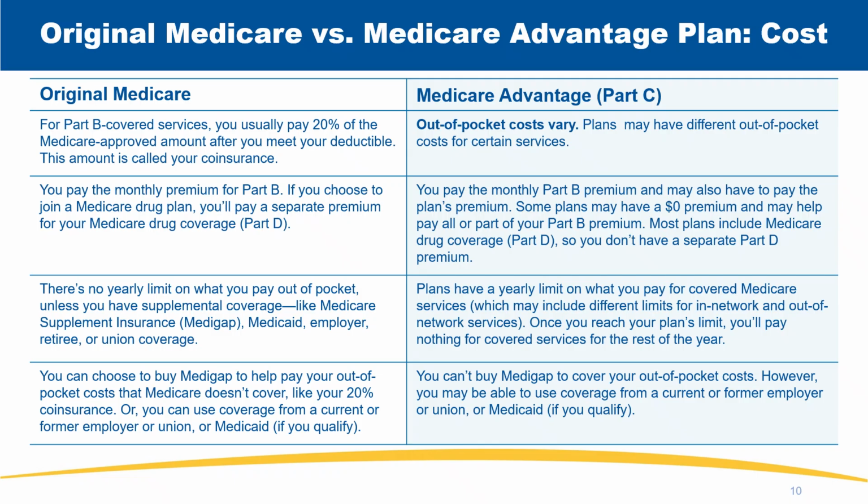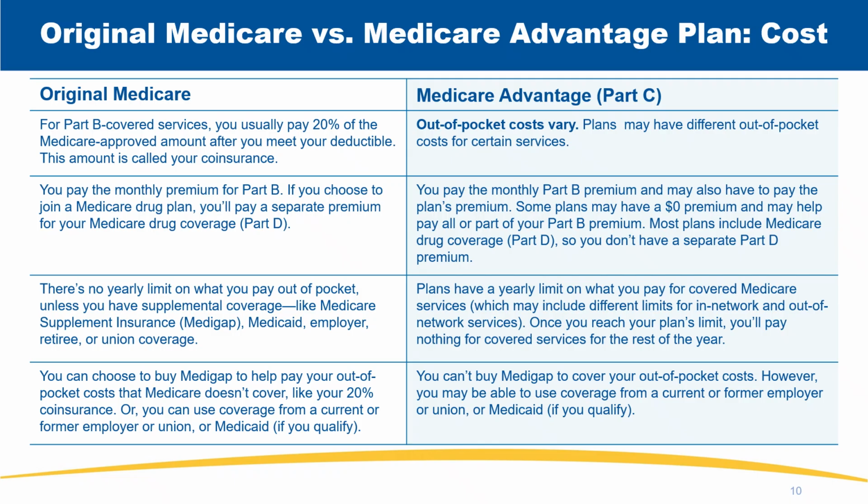For Medicare Advantage Part C, out-of-pocket costs vary. Plans may have different out-of-pocket costs for certain services. You pay the monthly Part B premium and may also have to pay the plan's premium. Some plans may have a $0 premium and may help pay all or part of your Part B premium.